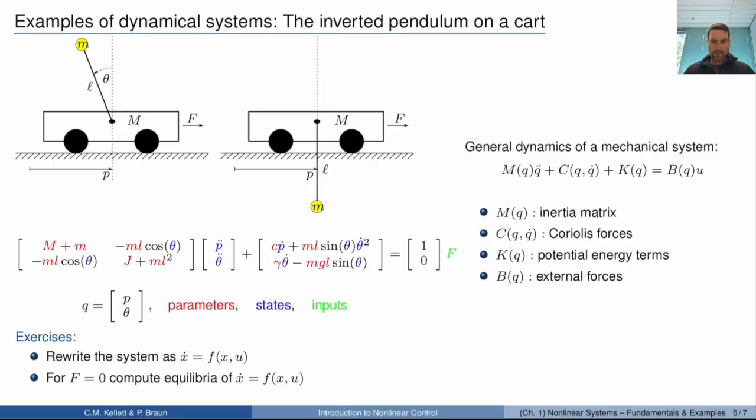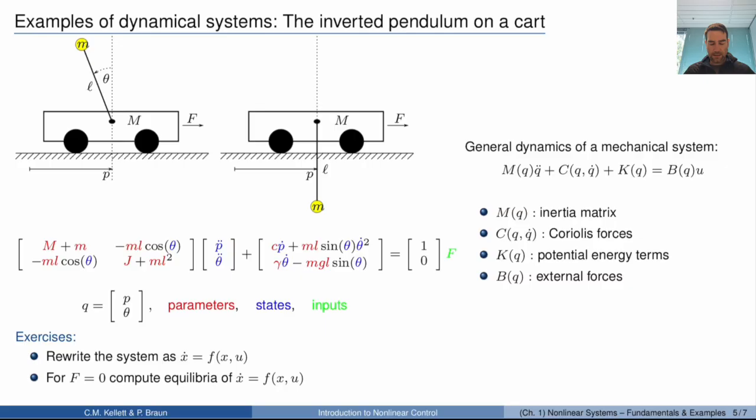Again, by modeling it here, we get a dynamical system with particular states, external forces, which we can again identify as inputs, and certain parameters.